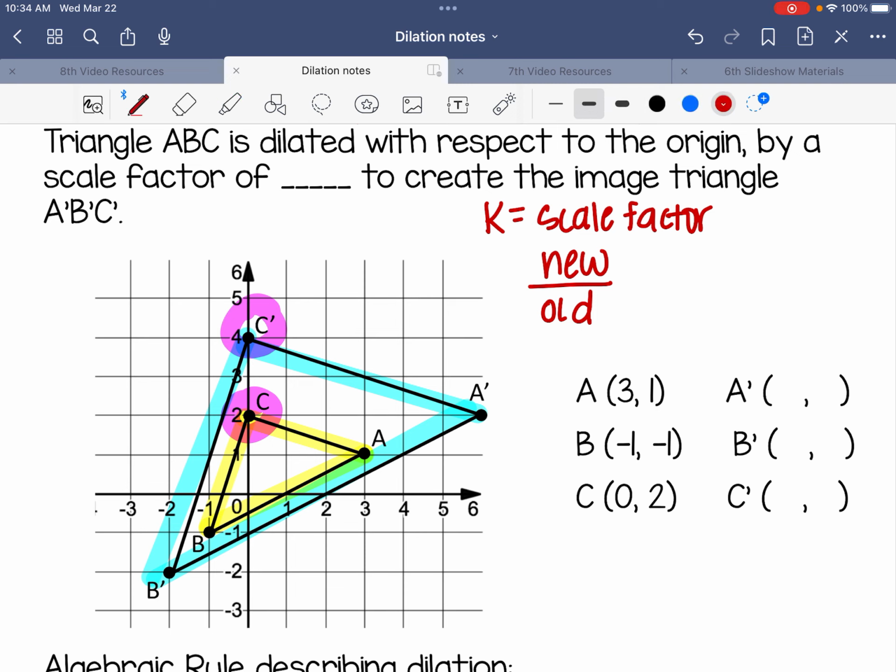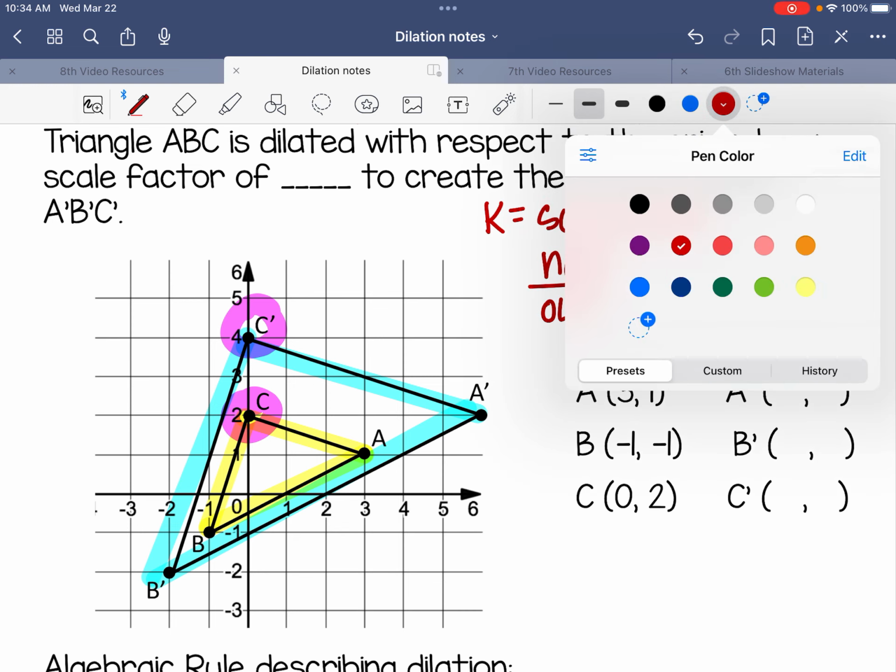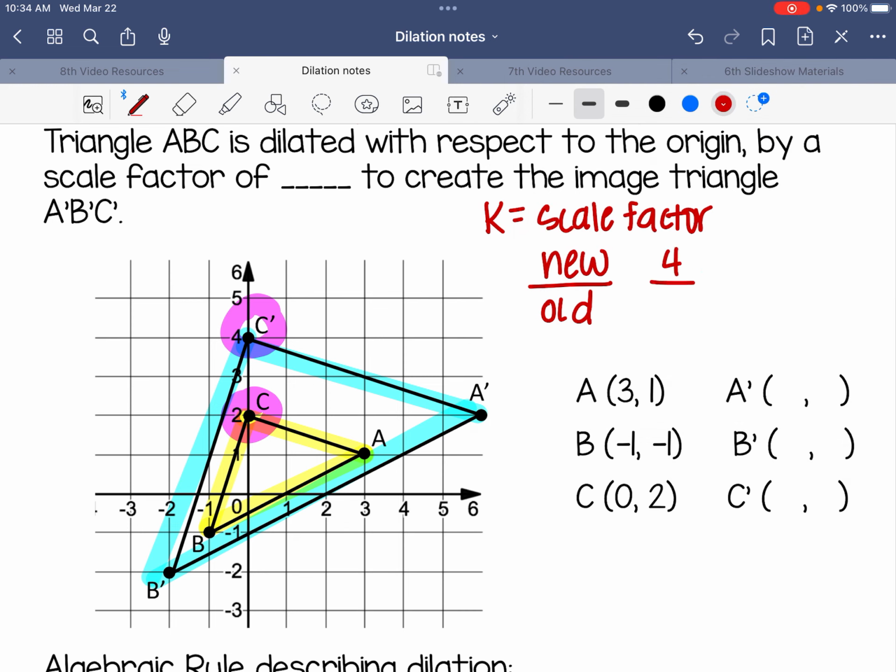I see that point C has a y value of 2, and point C prime has a y value of 4. My old y value was 2, and I know 4 over 2 simplifies to a positive 2. So my scale factor is a positive 2. And let's see if that works for our coordinates.